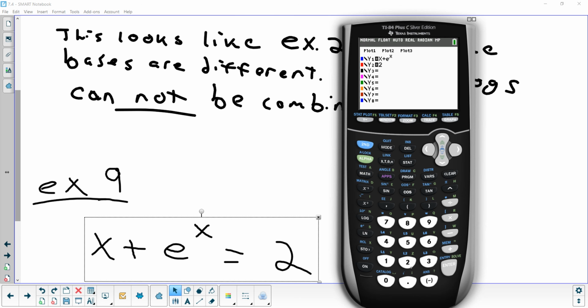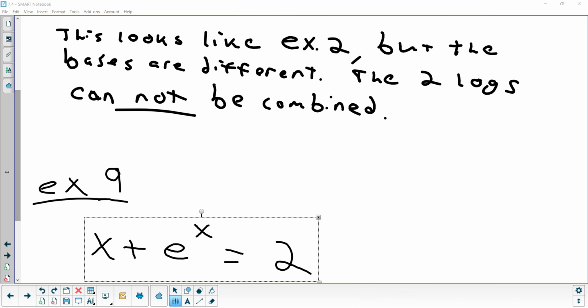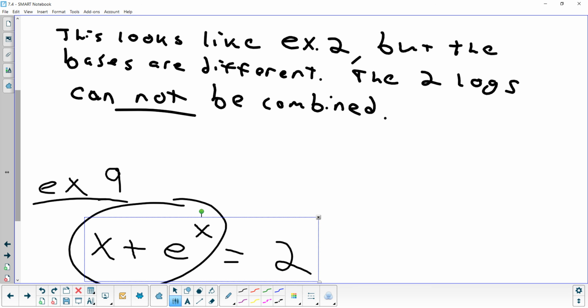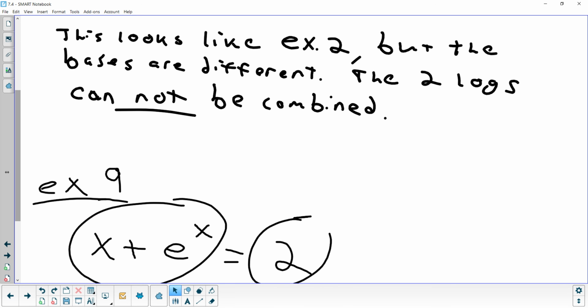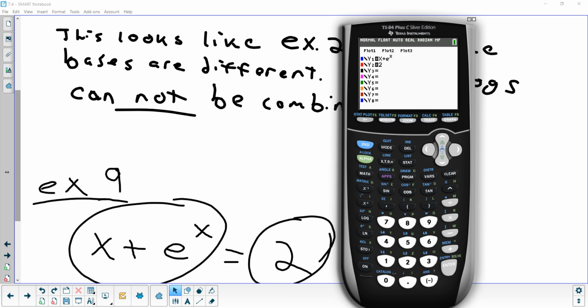So the calculator is going to draw a picture of this, and it's going to draw a picture of that. Let me show you what the two pictures look like. So that's the left-hand side. The other one is a lot simpler. The 2, that's just a horizontal line at 2.